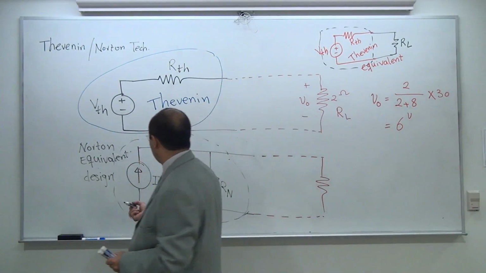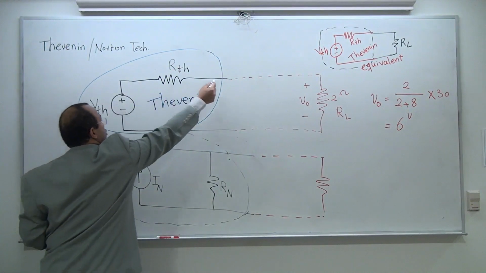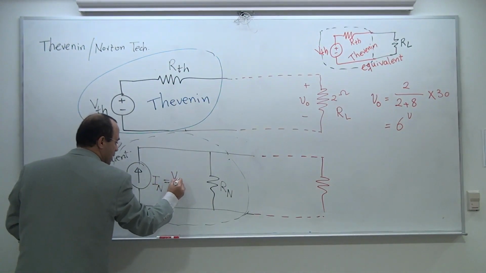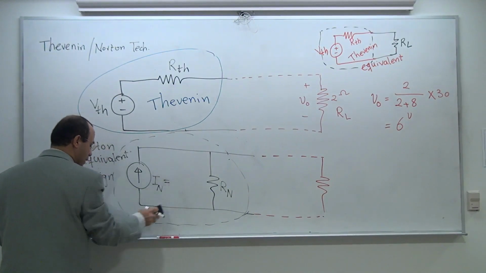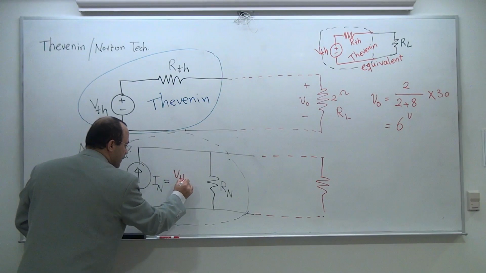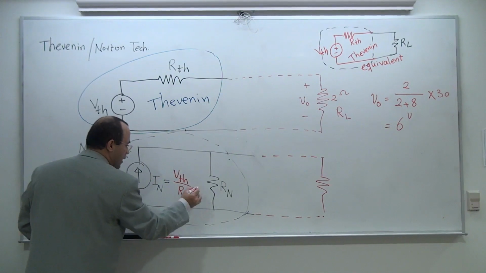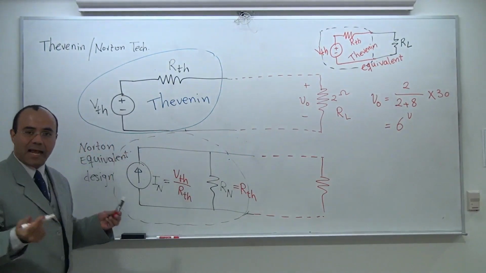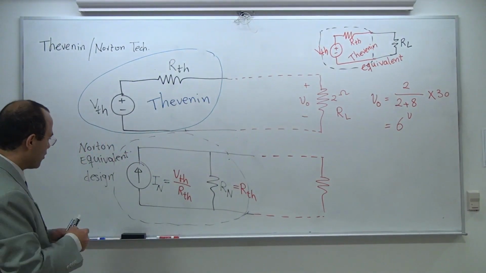And for the current, you can imagine a short in mind: V Thevenin divided by R Thevenin. Let me write it down with a different color. V Thevenin divided by R Thevenin, you got it. R Norton is equal to R Thevenin. That's exactly what we do in the source transformation scenario.